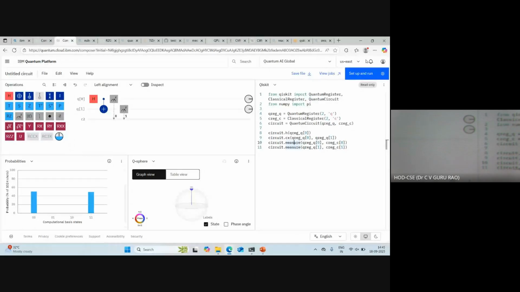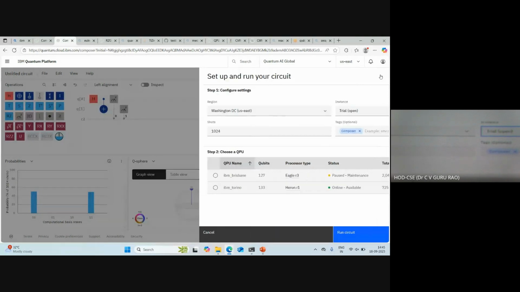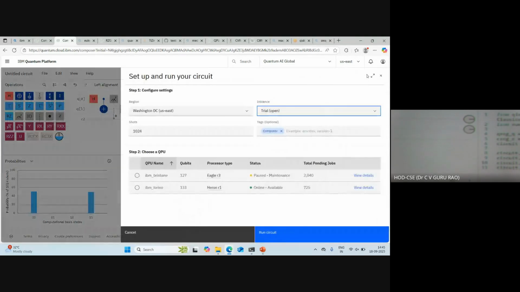Now let's go to IBM hardware. Is everything clear till now? Now if you click on setup and run, there are some parameters that we have to keep in mind.